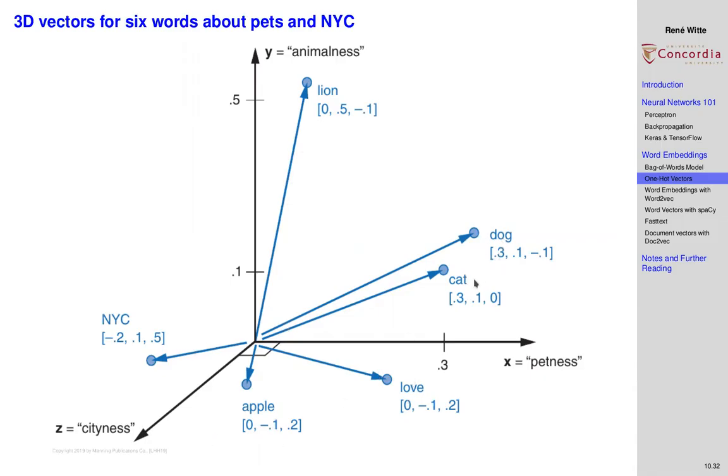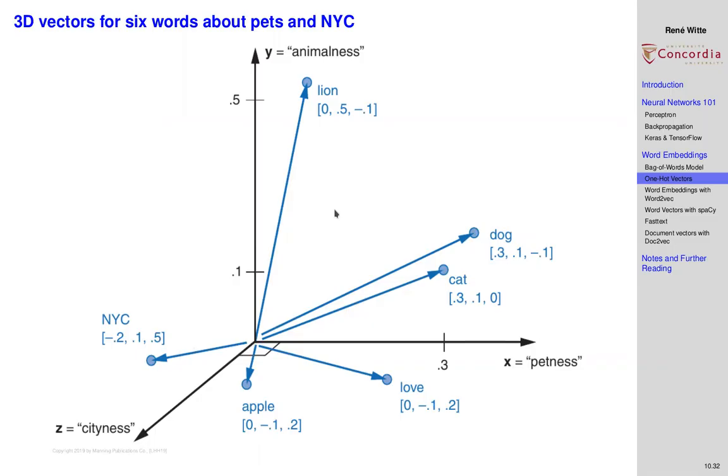So you can see cat and dog have slightly different vectors, but in this vector space, they are rather close to each other. So you can see a small distance, high cosine similarity. On the other hand, if you look at New York City and cat, this is going to be a huge distance between them.